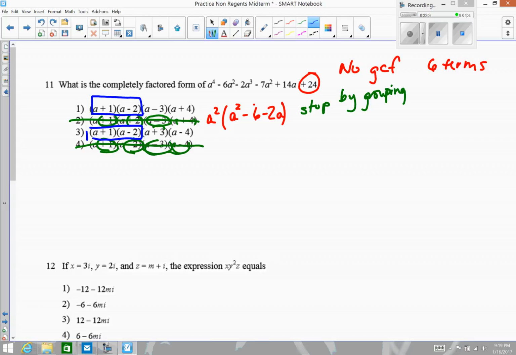And if I multiply those two together, I get a squared plus 1a and a minus 2a becomes a minus a, and plus 1 times minus 2 becomes minus 2. This is definitely a factor of a to the 4th minus 6a squared, this whole thing.